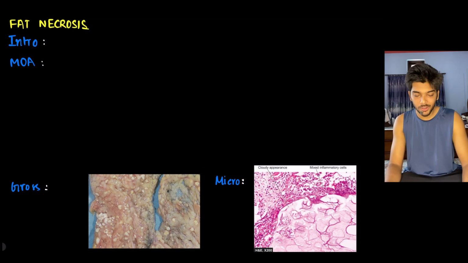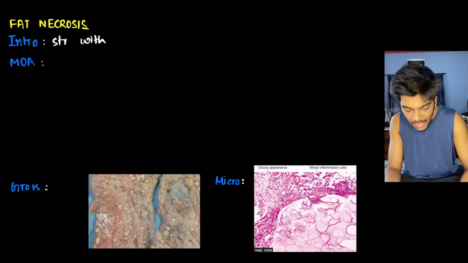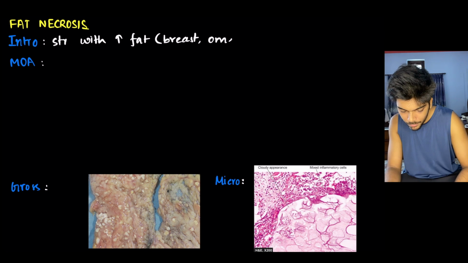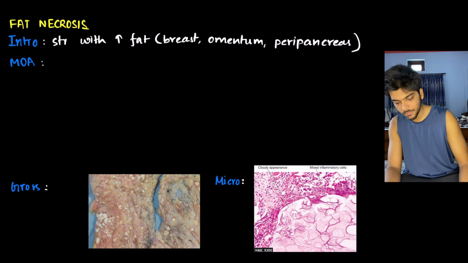Next, fat necrosis. It is seen in structures with a high amount of fat, like breast, omentum, and peripancreas. Peripancreas, not pancreas, peripancreas.